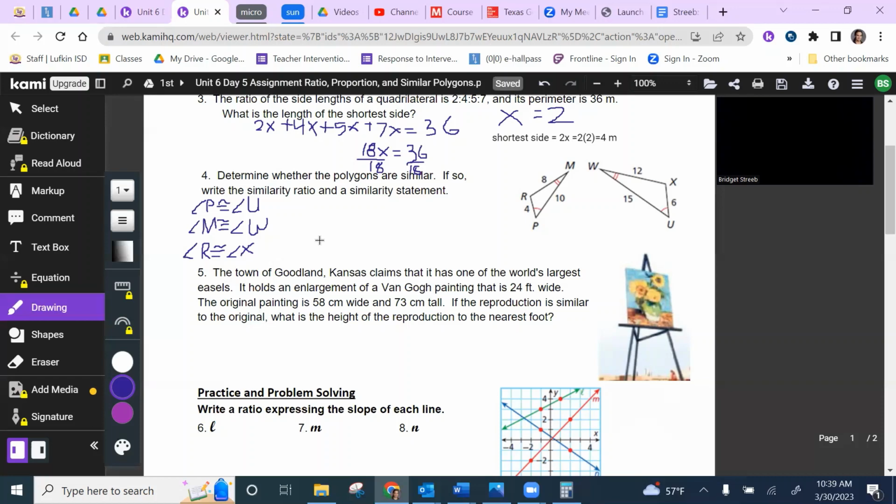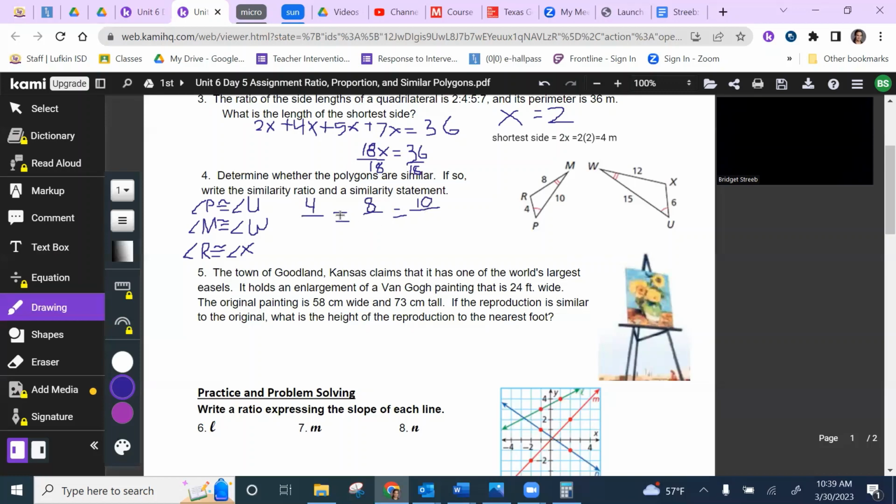Then we need to check and see if our sides are proportional. So again, we start with all of one triangle on either the top or the bottom. So we've got 4, 8, and 10 on the left-hand triangle.